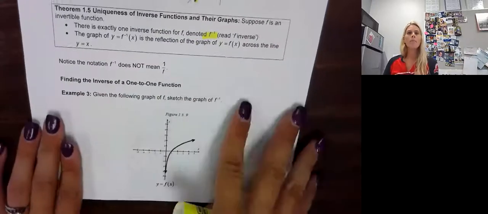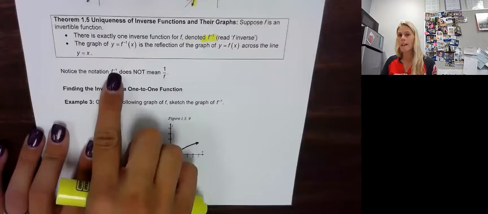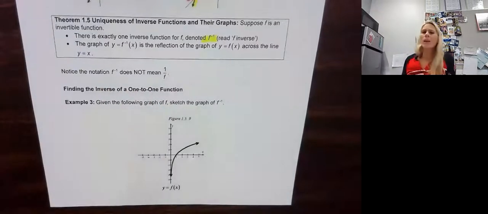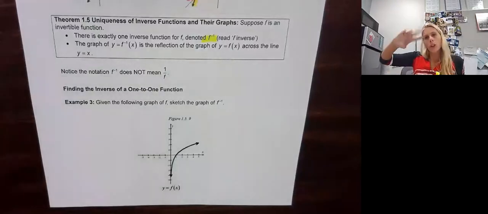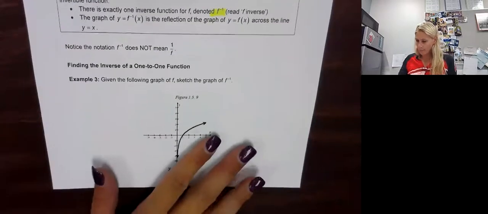Make sure you remind yourself that f to the negative 1 does not mean 1 over f. Usually when we talk about exponents, we talk about it being in the denominator or switching numerator and denominator. But negative 1 is not an exponent. It's an indication that it is the inverse. So we have to keep that in mind, okay?